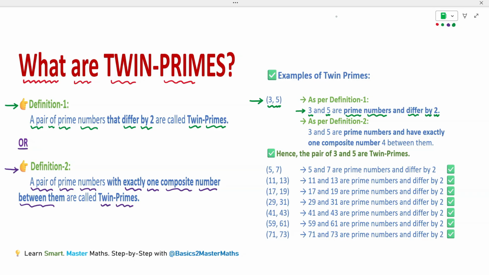Therefore, as per definition 1, the pair of 3 and 5 are twin primes. Got it?